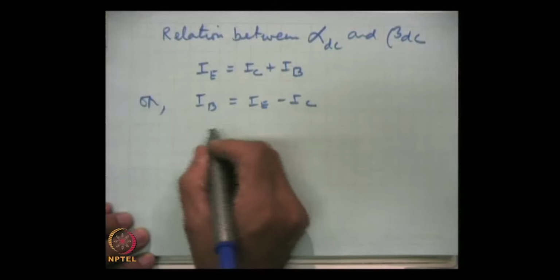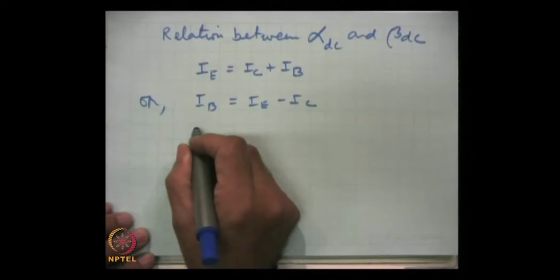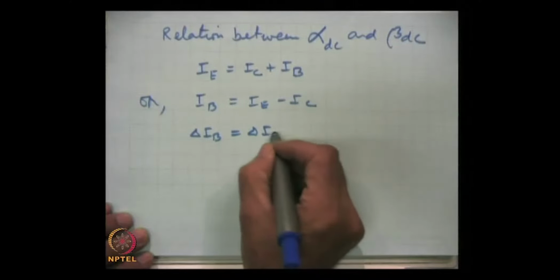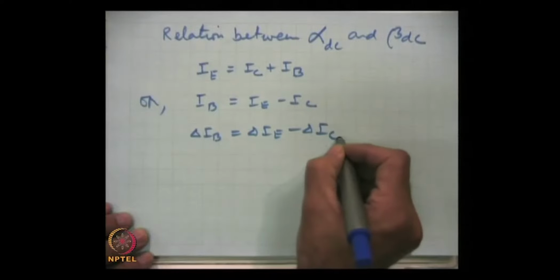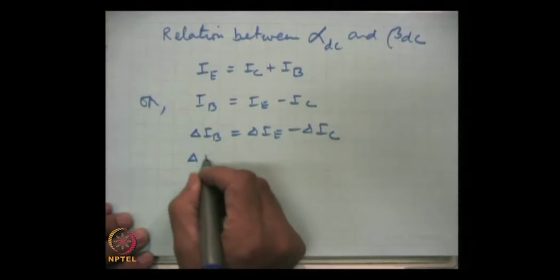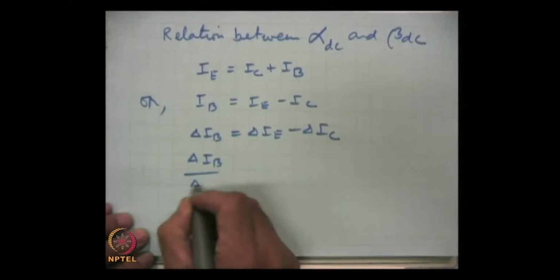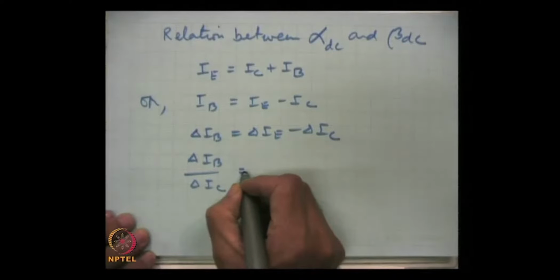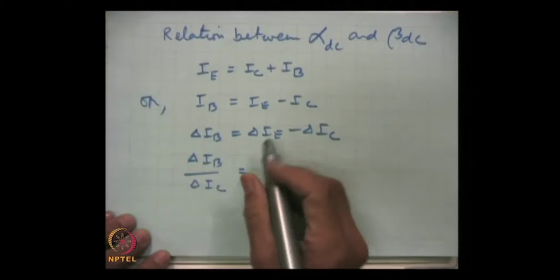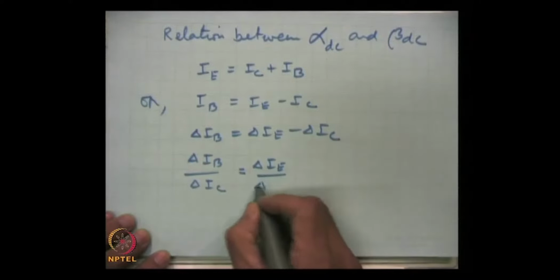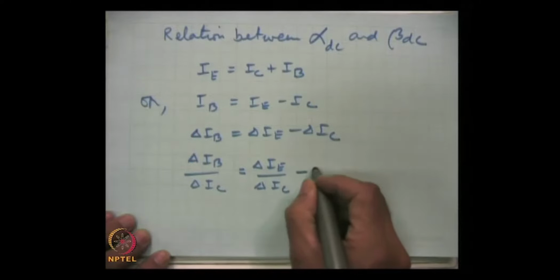If we write in terms of changes, then we can simply write change in I B is equal to change in I E minus change in I C, and this can be written as delta I B by delta I C. This is equal to delta I E by delta I C minus 1.